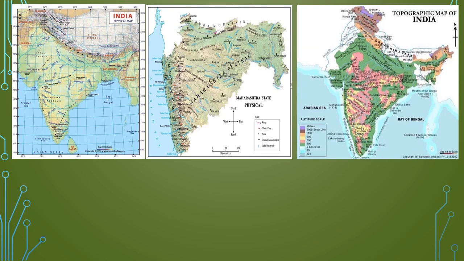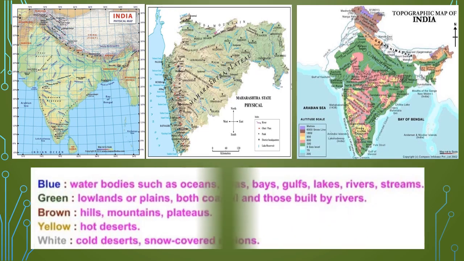The blue color indicates water bodies such as oceans, seas, bays, gulfs, lakes, rivers, streams. Green indicates lowlands or plains, both coastal and those built by rivers. Brown shows the hills, mountains and plateaus. Yellow is for hot deserts. And white indicates cold deserts and snow-covered regions.